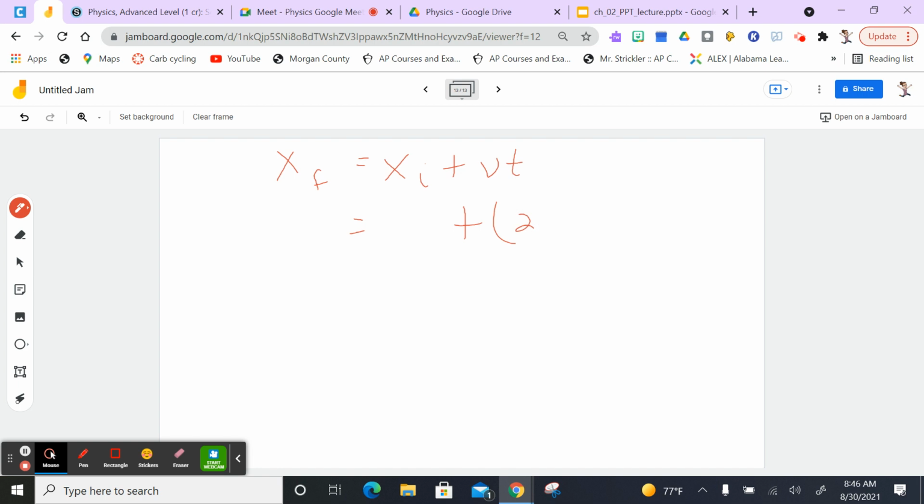We know our velocity is 26 meters per second.